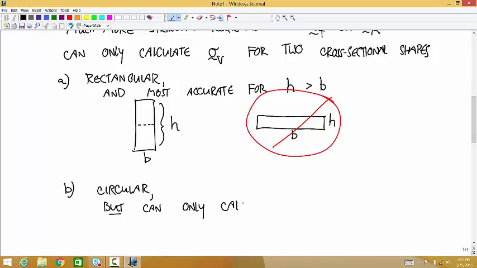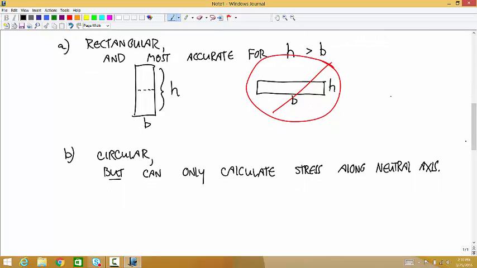We can only calculate it, I guess a better way to say it is, along the neutral axis. Okay, so that's only for the circular cross-section. In a rectangular cross-section, we can find stresses anywhere on the cross-section. For a circle, only here.